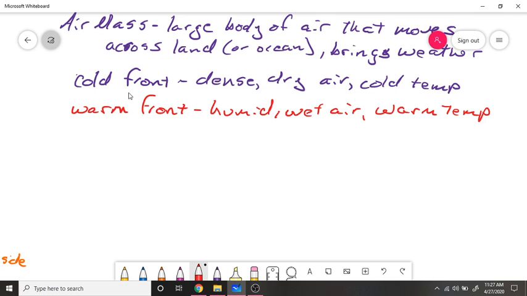If it's the winter time and a cold front is moving in, well, if it's been 32 degrees and colder air is coming in, now the cold front might be minus 10 degrees. The same is true if it's the winter time and a warm front is coming through.